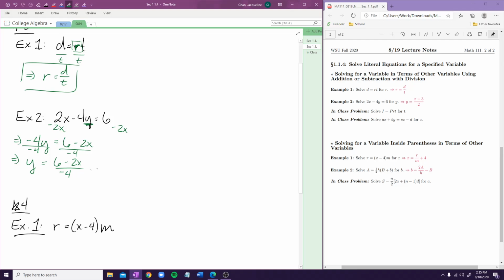I'm going to bring my work over here so it doesn't get smushed. I'm going to bring this negative to the top, but be careful because this is considered a group.